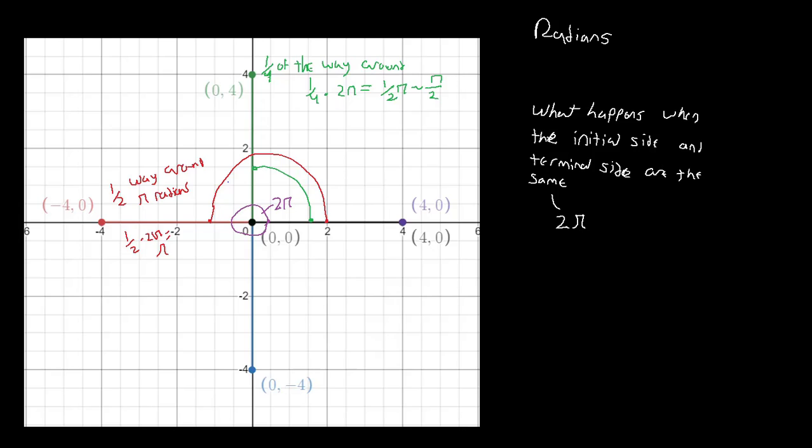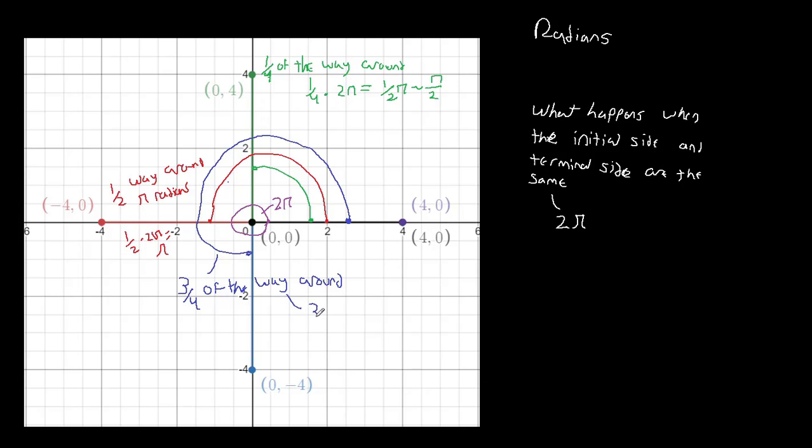So let's talk about our third quadrant angle here. That's assuming that we start at our initial side again, the x-axis, and we go all the way around here, and we stop at the negative y-axis. This is the same as going 3/4 of the way around. I'm not doing anything special here, I'm just going from the x-axis to the different quadrant angles.